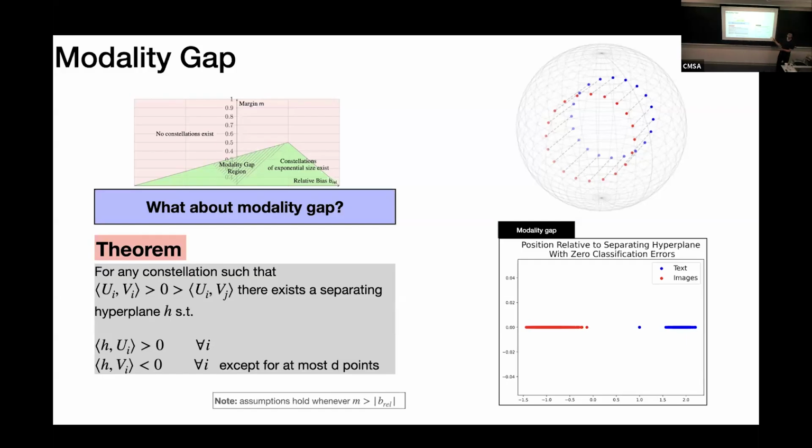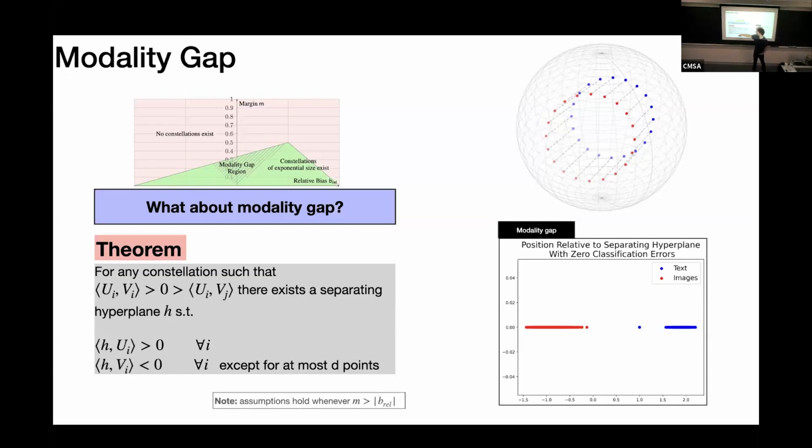So this is unavoidable. You have to have a modality gap if you have a constellation. Constellation is equivalent to zero loss, right? So if you are getting zero loss and you're in this situation, this is maybe a weakness of our arguments, but at least if you're in this not insubstantial region, which does capture these actual industry models, then you necessarily have a modality gap. That's the theorem.